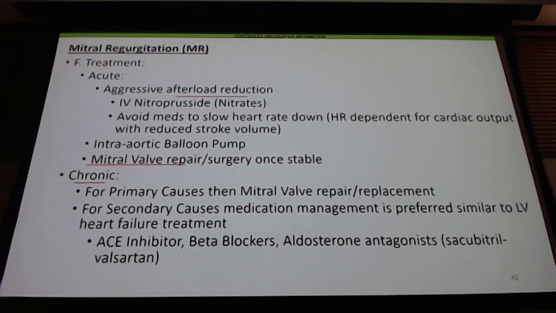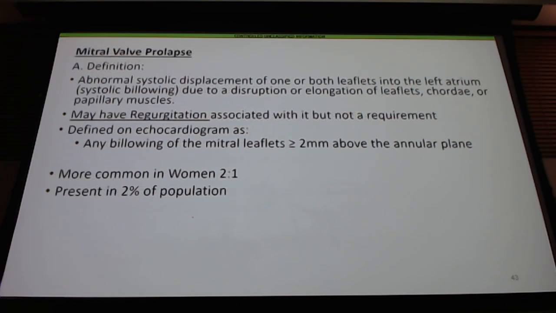If it's chronic, then for primary causes, we're going to do that valve repair or replacement, because the valve components are the problem in primary causes, right? But for secondary causes, we're going to find out what that secondary cause is and address that. Let's decrease that ventricular dilation that's occurring in our HFrEF or in our dilated cardiomyopathy or whatever that's causing those valve leaflets not to seal and close properly.